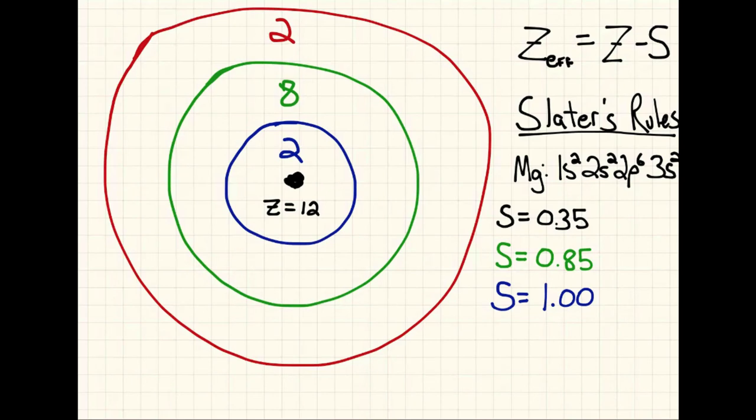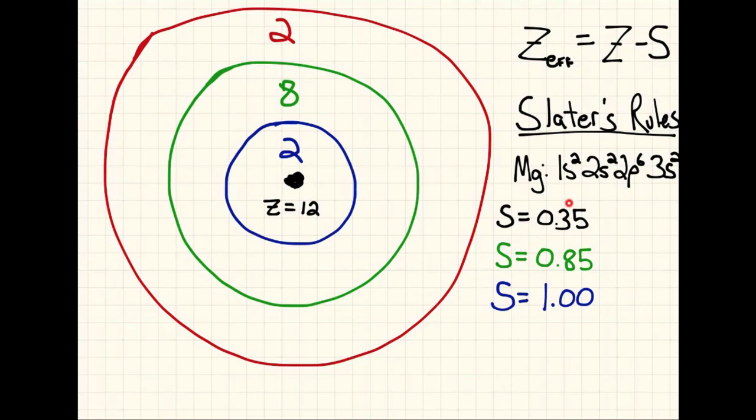So it's assumed that electrons in this tiny little 1s zone spend so much of their time in front of the nucleus, blocking out every other electron beyond it, that any electron out in this 3 zone here is blocked 100% of the time by electrons in this inner zone.